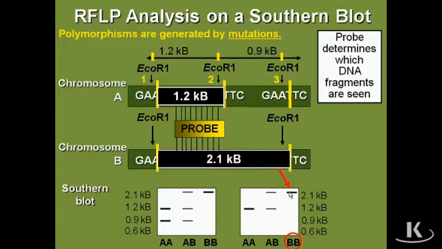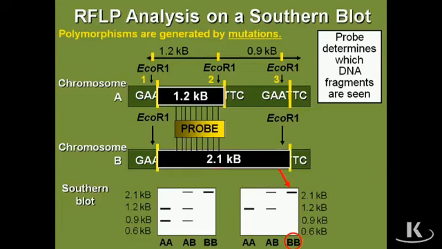That brings up an important point, and that is the following. You notice how thin these bands are compared to the thickness of the bands over here. The thickness of the band basically tells you how much of that genetic information is there. So the thin bands over here compared to the thick bands mean that there's less of this 2.1 kilobase band than there is over here.